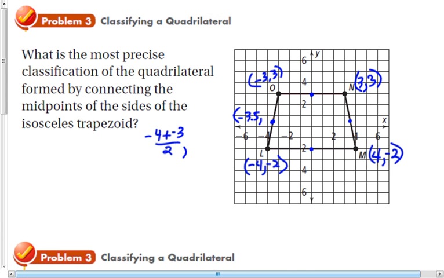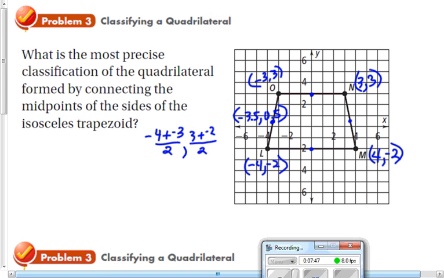The y-coordinate would be 3 plus negative 2 divided by 2, which is 1/2, so 0.5. I'm going to fill in the other midpoints. All right, now I'm going to connect those midpoints.